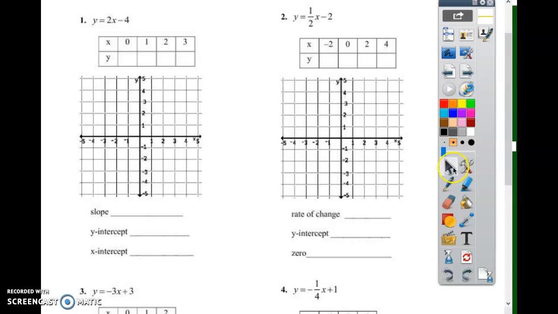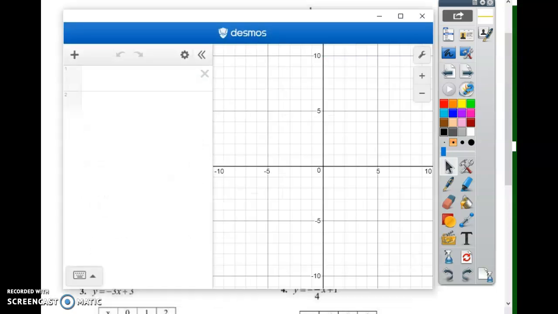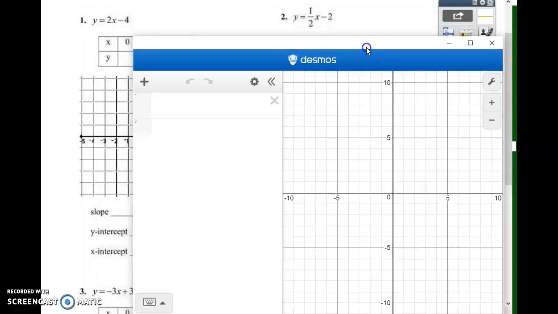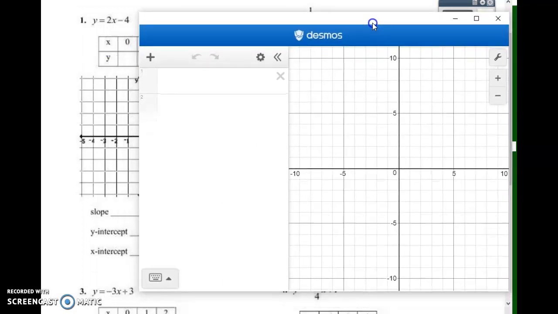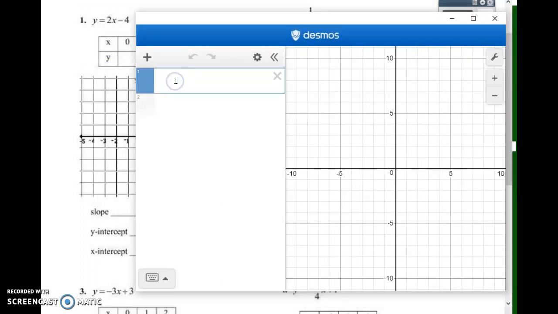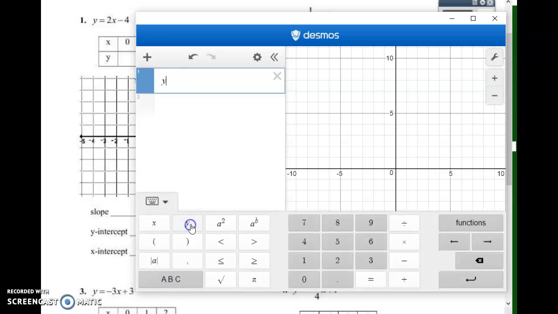But you can put that equation in Desmos. So open up Desmos and type the equation y equals 2x minus 4. So right here, y equals 2x minus 4. Okay, so it gives you the graph.